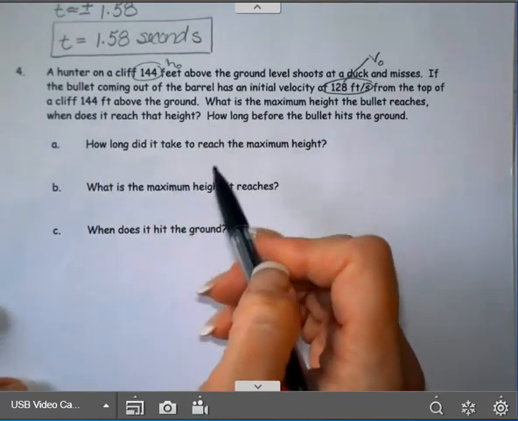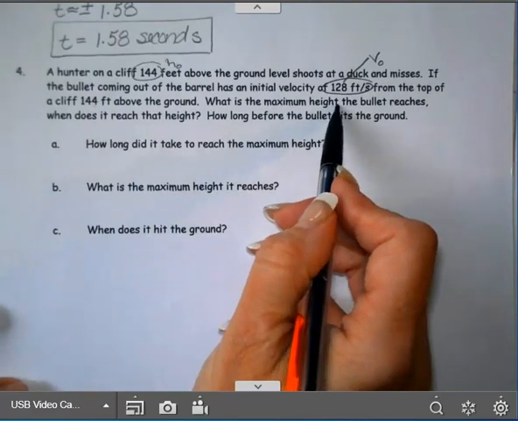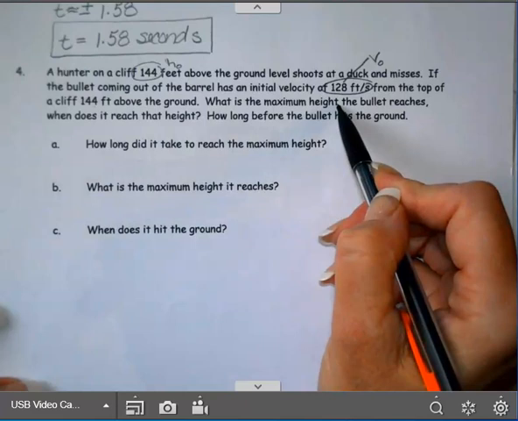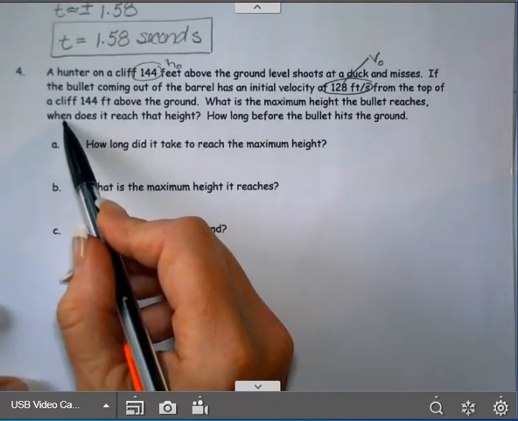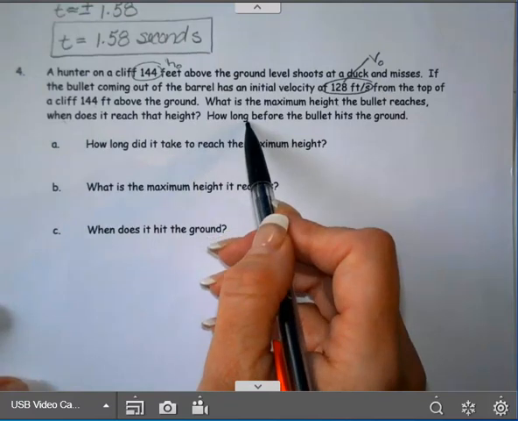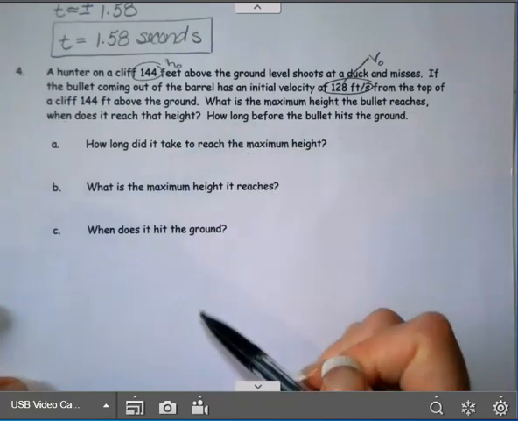What is the max height the bullet reaches? So maximum height, they're asking for the y-coordinate of the vertex. They're asking when, which is the x-coordinate of the vertex. And when they ask how long before it reaches the ground, well, that's your x-intercepts. So let's look and solve for each piece of this.